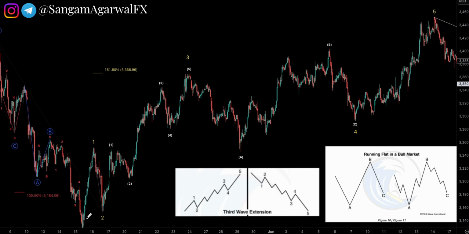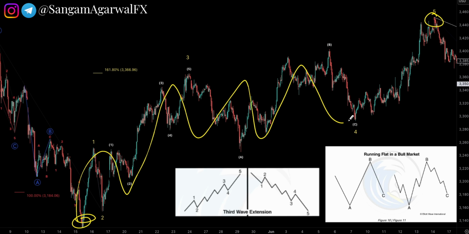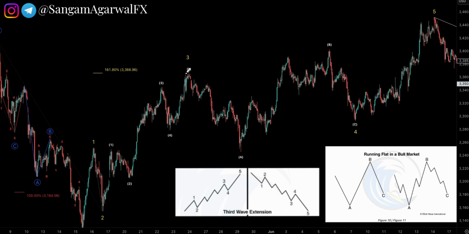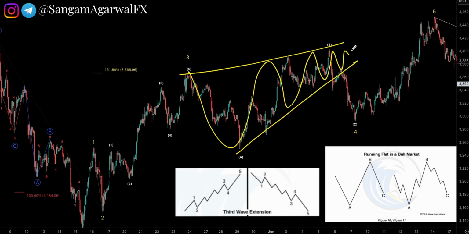Visually, if you see from bottom to top and follow all the wave structure, then there is no triangle chart pattern, only wave structure. But people were blinded by the diagonal pattern all the time, because according to the book you cannot have a diagonal pattern in the middle of the trend.